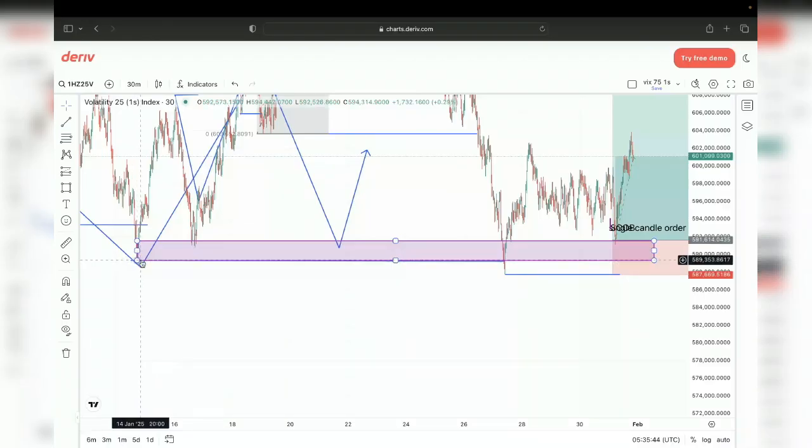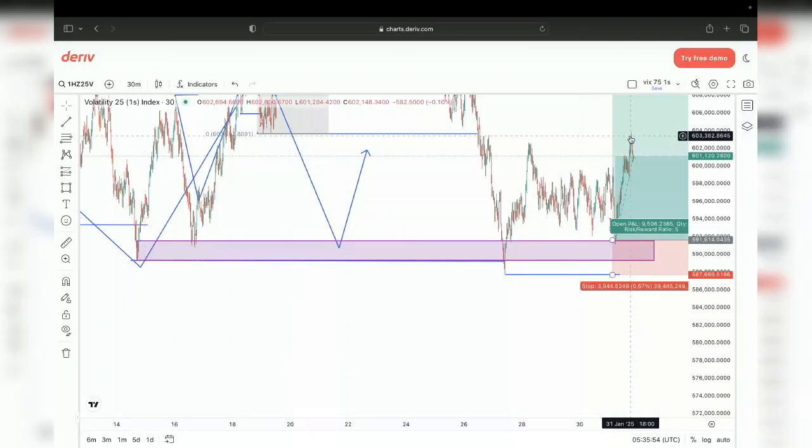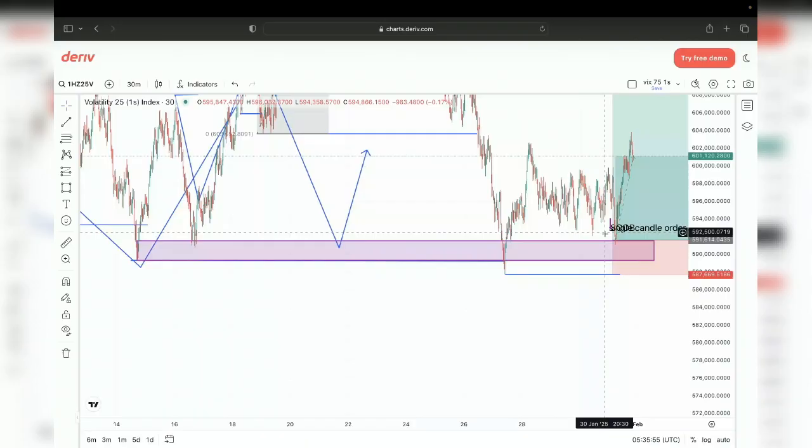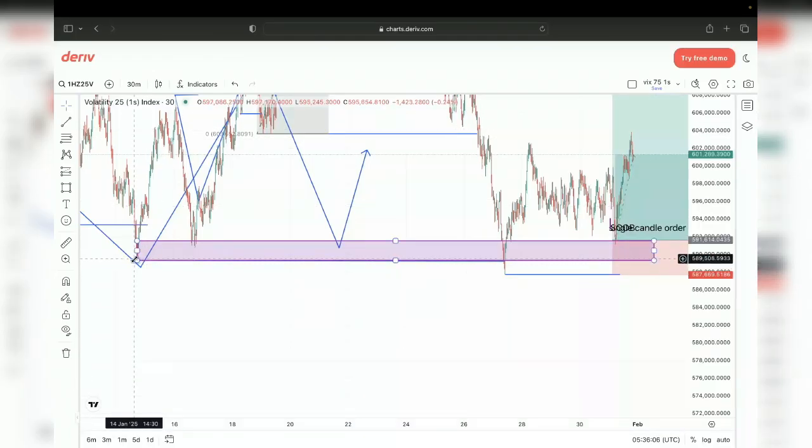But if you use one lot size from here, you should be risking like $50, and the same place for TP will be giving you, from here, 100, 200, 300, 1 to 3 reward. From here $50 should be giving you almost the same thing of $300.